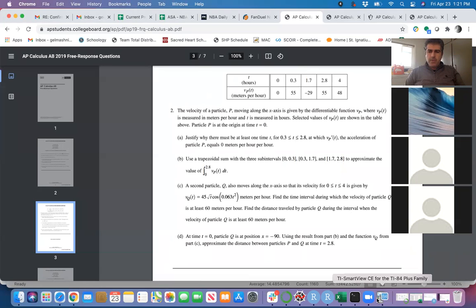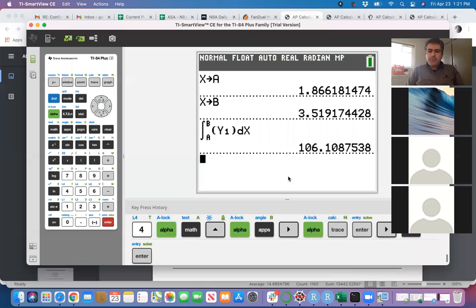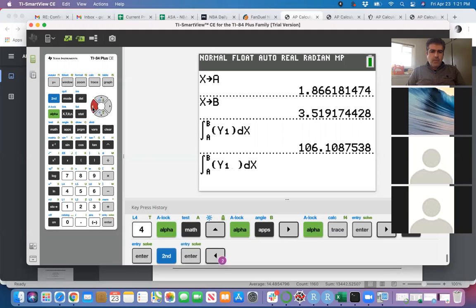Now, why do we have to be so accurate? Because if you think about it, what if I was a little too rough here? Remember our first x coordinate was 1.866181. What if I just did 1.9 or 1.86, let's say?